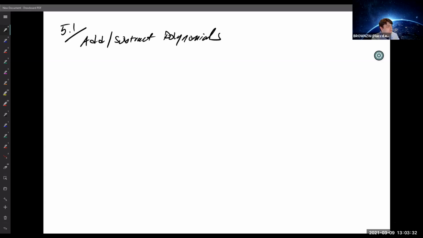So really what we mean by polynomials is just like terms. In order to talk about when we say like terms, let's define those.